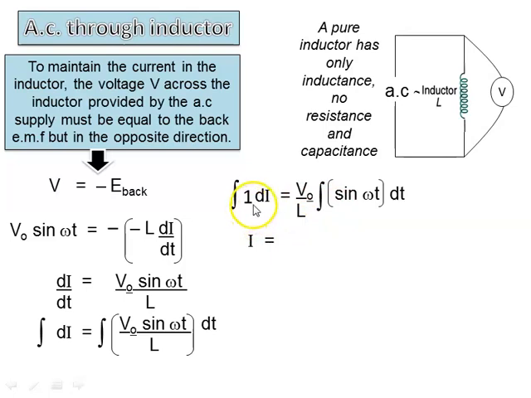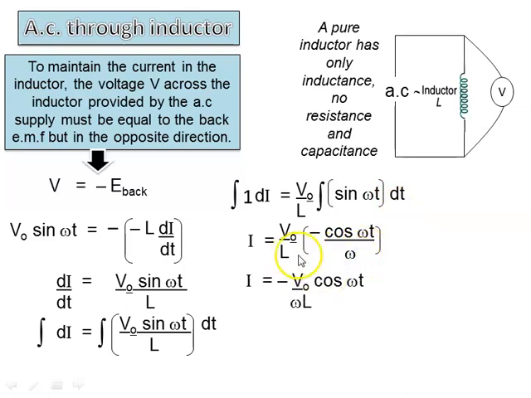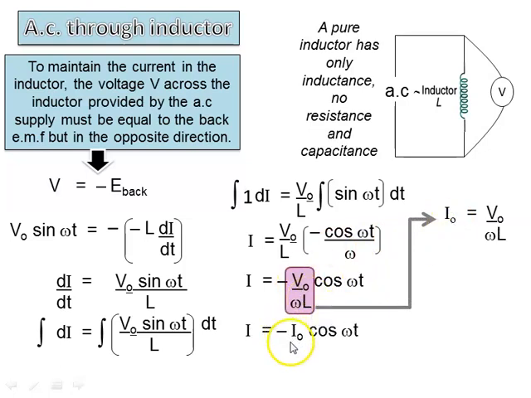The integration of 1 with respect to I gives I. The integration of sine omega t with respect to t gives negative cos omega t per omega. So negative V naught per omega L is brought to the front, times cos omega t. And I naught is equal to V naught per omega L. So we get I equals negative I naught cos omega t.